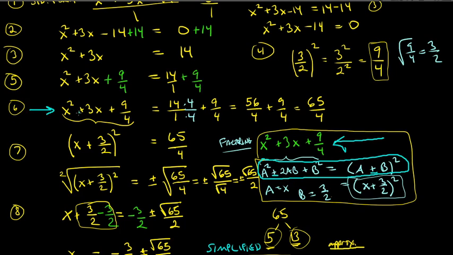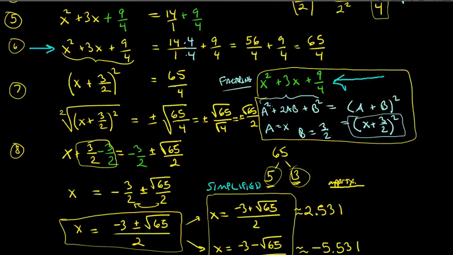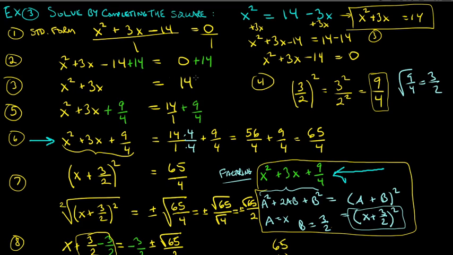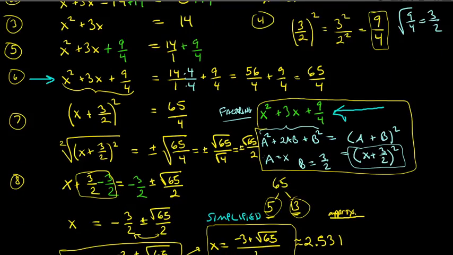In this case, it's a plus because that's a plus, but in some problems it'll be a minus as well. Anyways, that's completing the square. I don't see the need to do another one unless you really want to. I think these 3 examples are pretty good.